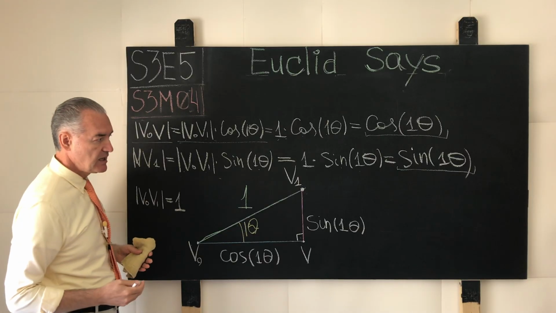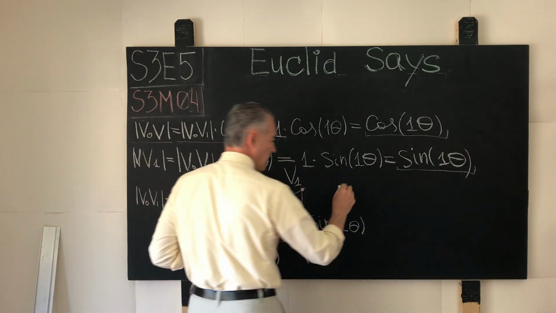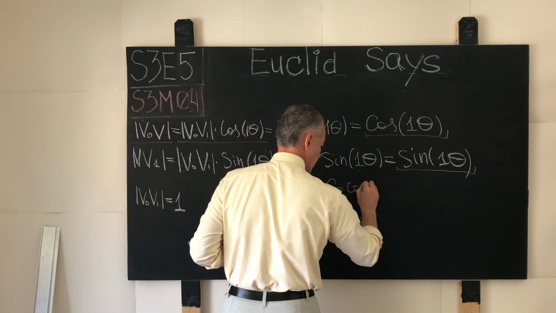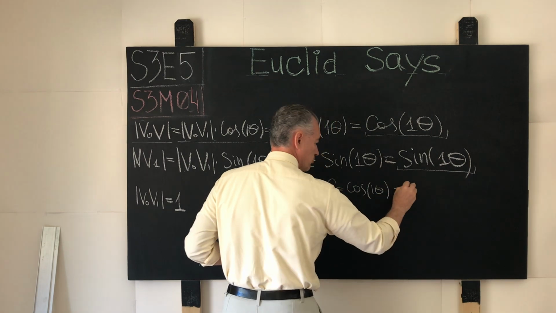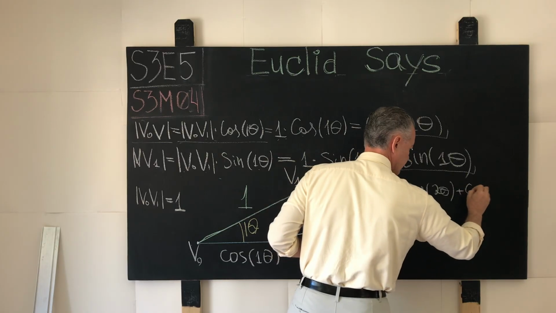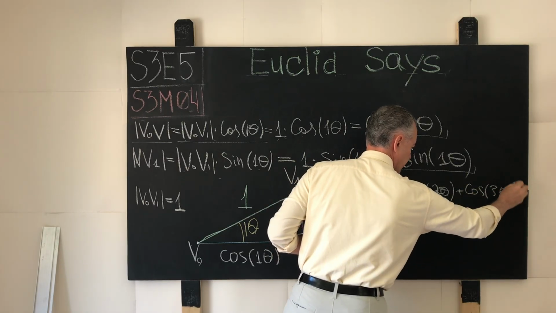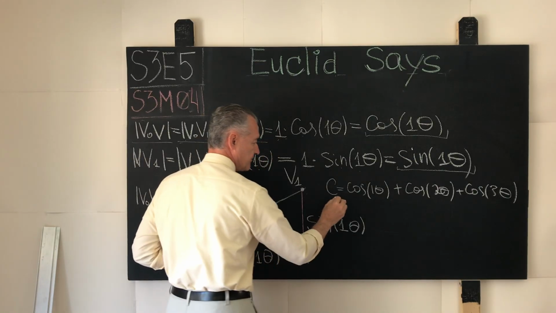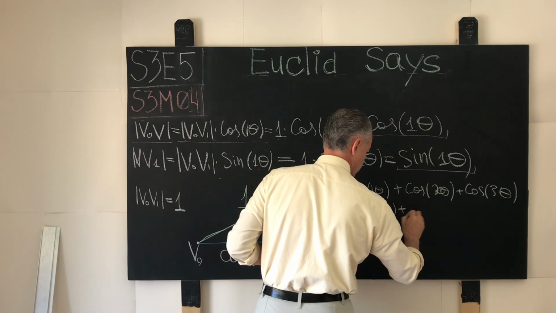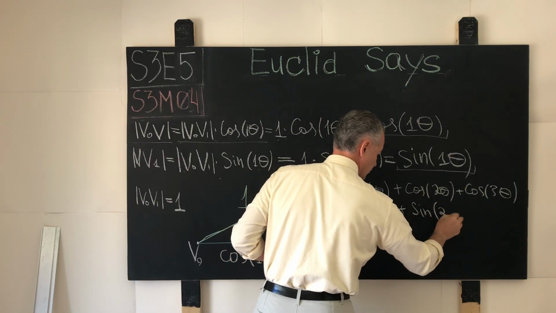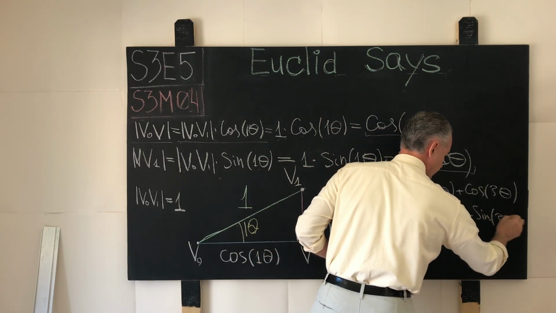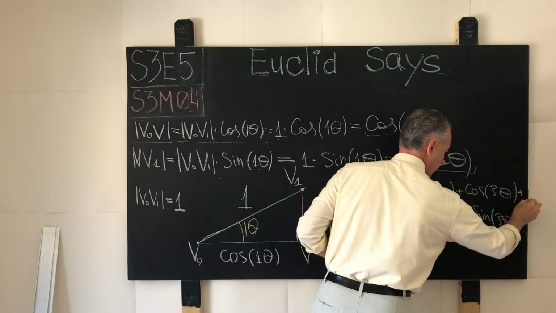And now the idea is basically to take, remember, our sum of cosines was basically what? Cosine of 1 theta plus the cosine of 2 theta plus the cosine of 3 theta, and the same thing for the sines. The sum of sines was the sine of 1 theta plus the sine of 2 theta plus the sine of 3 theta, and so on.